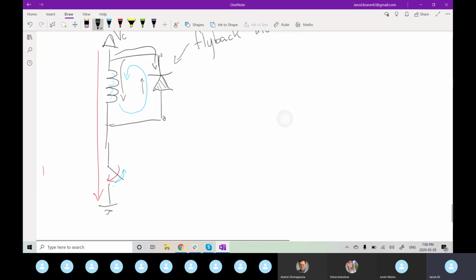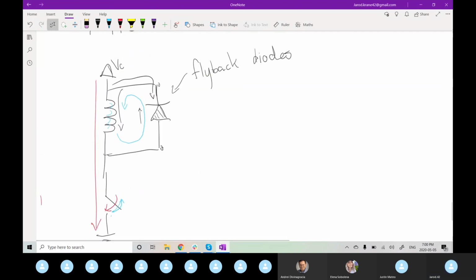It'll take much longer for the current to dissipate just naturally. So there will be built up charges, so there won't be an instantaneous reaction to us opening the switch. It'll still carry its current for a little bit longer than it should, which can cause problems if we're wanting instantaneous switch off.